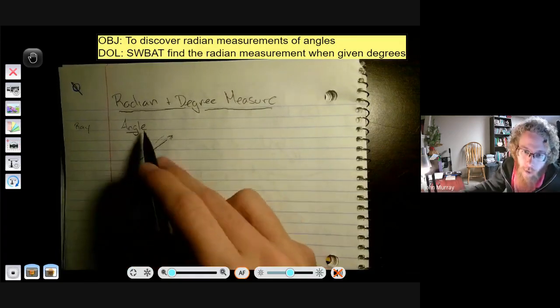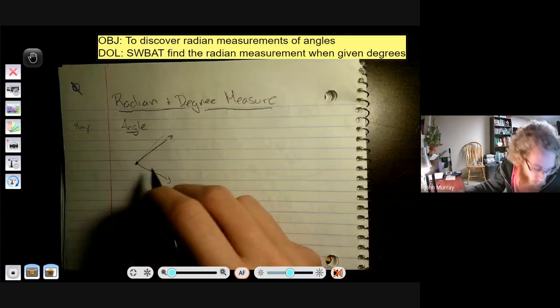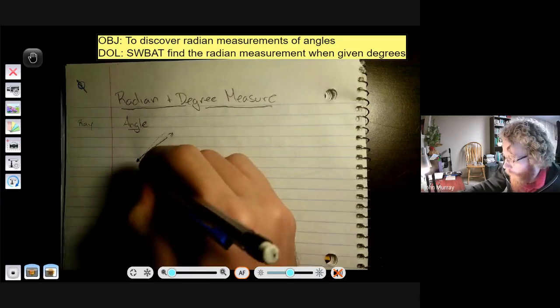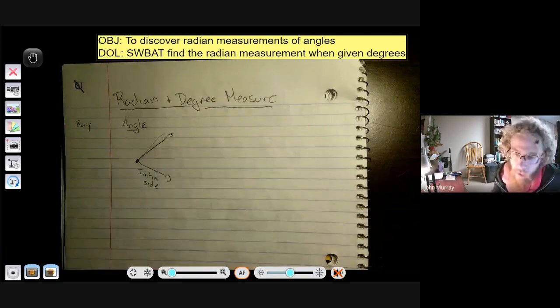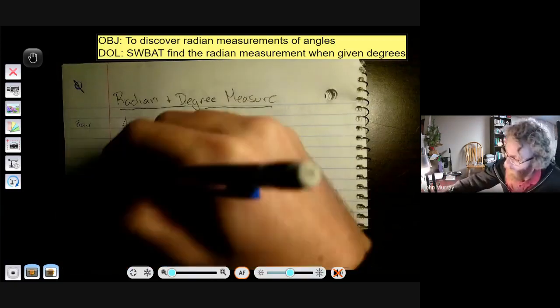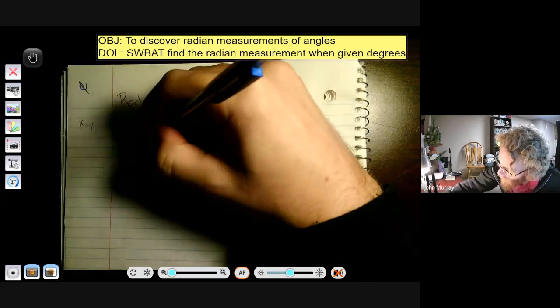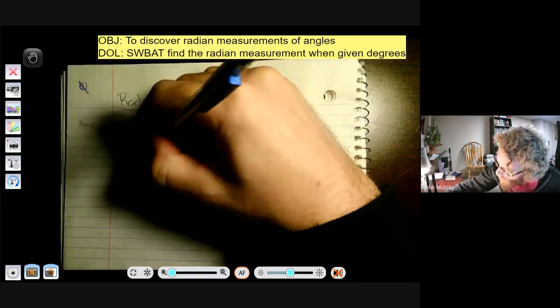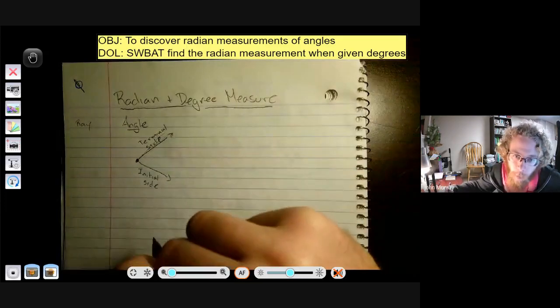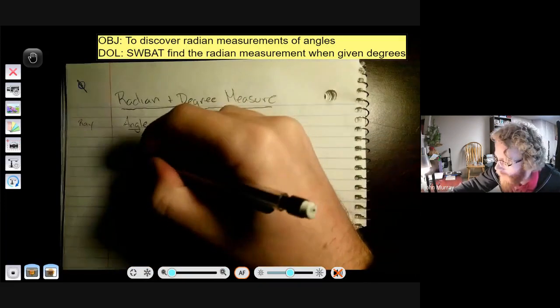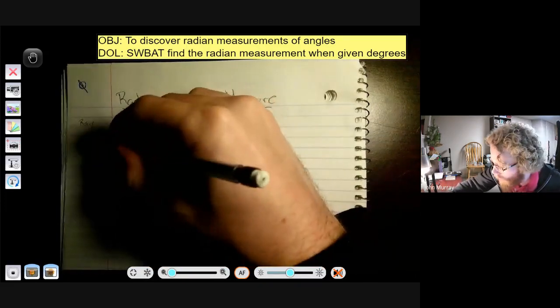So an angle is normally made up of two rays. We call one side the initial side. We call the other side the terminal side.